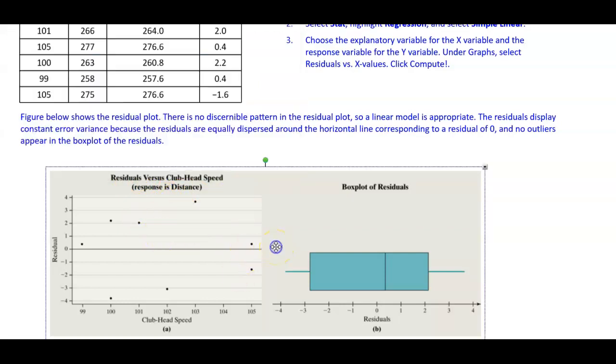Now, there is no discernible pattern in the residual plot, so a linear model in this case is appropriate. The residuals display constant error variance because the residuals are equally dispersed around the horizontal line corresponding to a residual of 0. And no outliers appear in the box plot of the residuals.